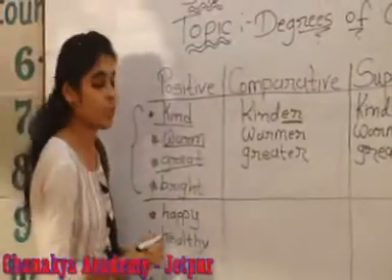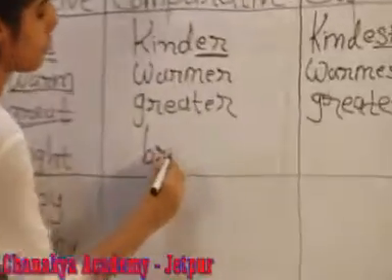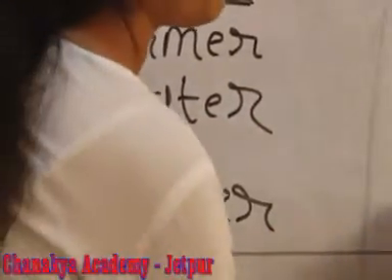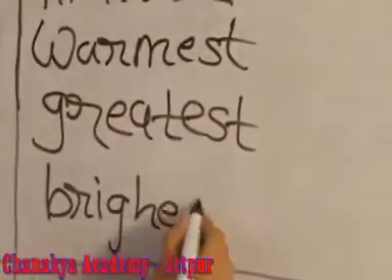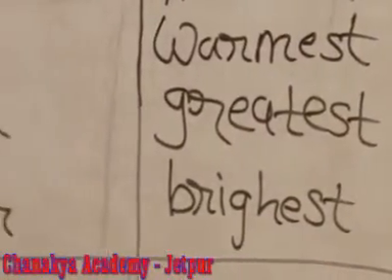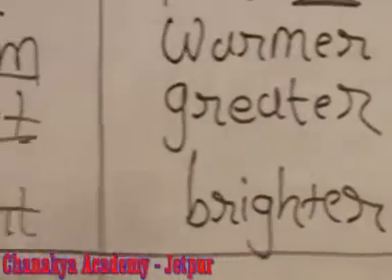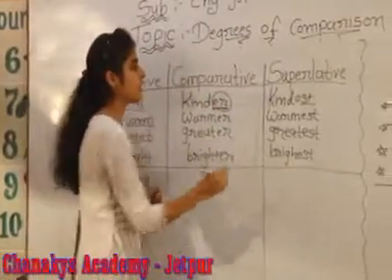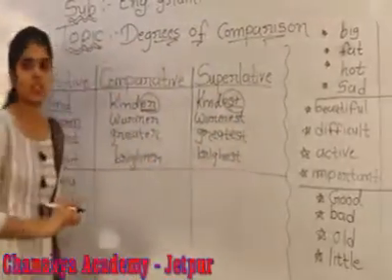And our last word is bright. It will be brighter and brightest. It is the easiest form of changing into comparative and superlative degree by only putting suffix er and est.